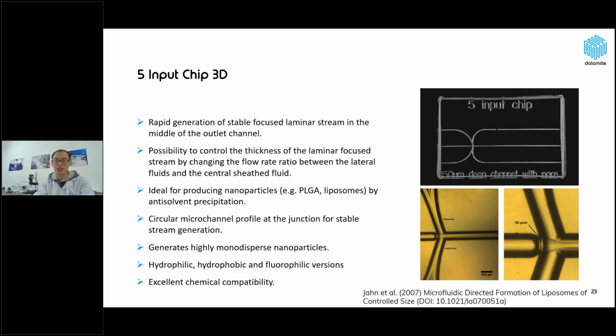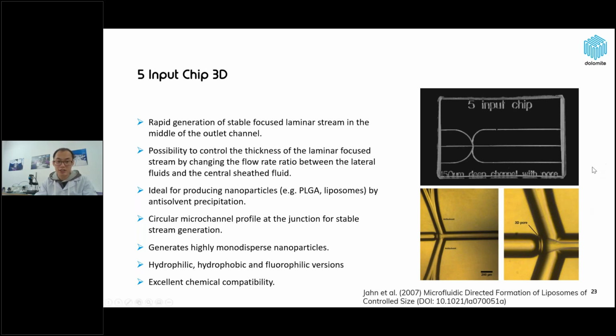The chip is particularly suitable for the controllable formation of a central laminar focused stream situated between 2 or 4 lateral anti-solvent streams, and the design allows reproducible diffusive mixing at the liquid interface for polymer particle nano precipitation and nano liposome cell assembly.